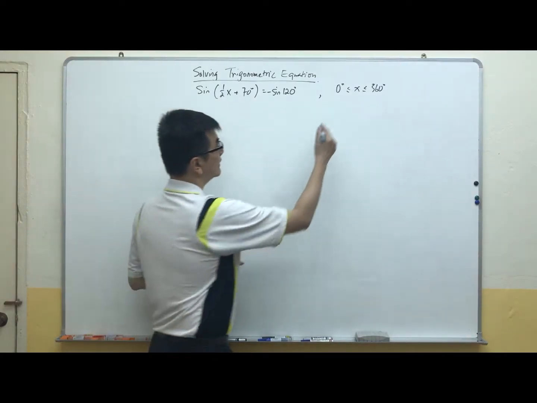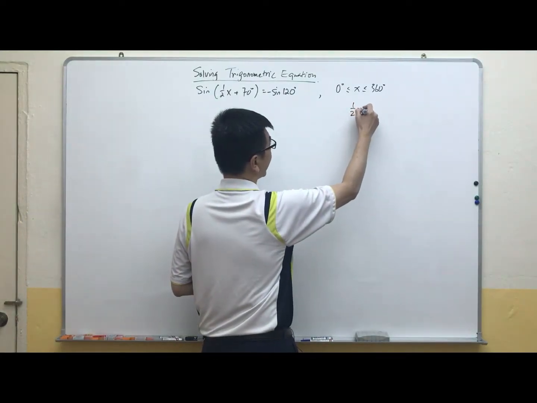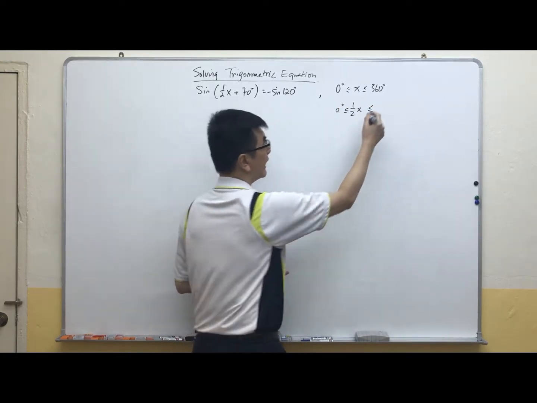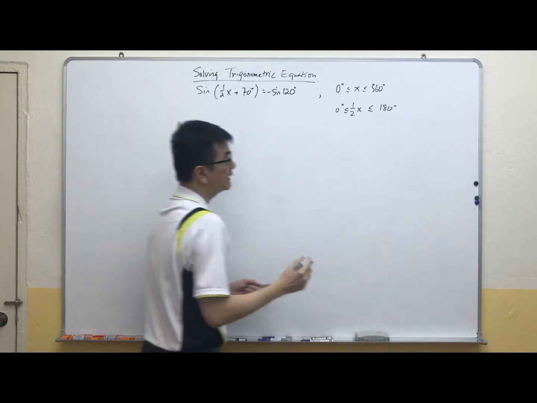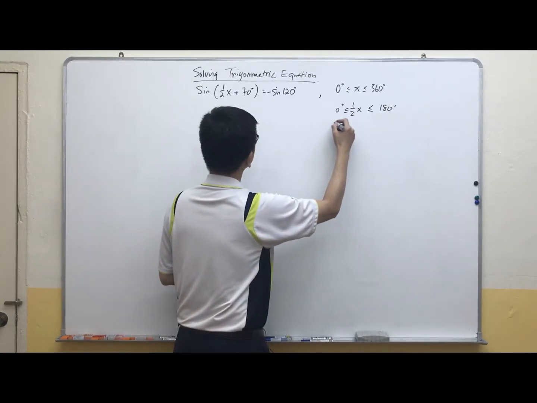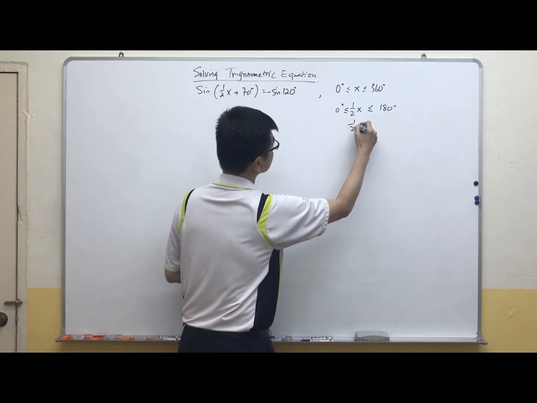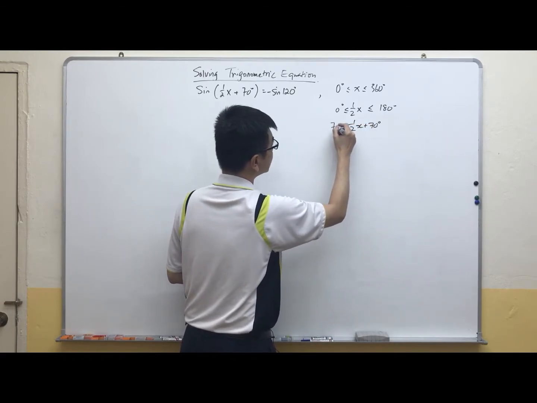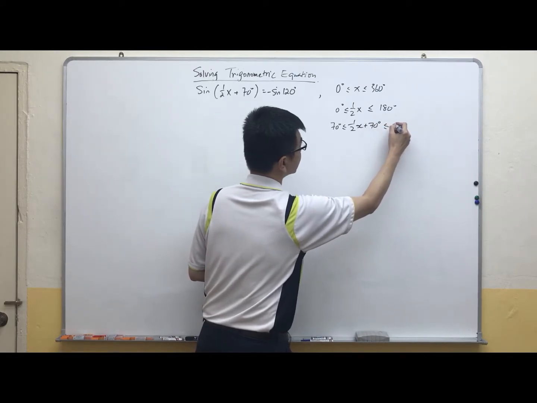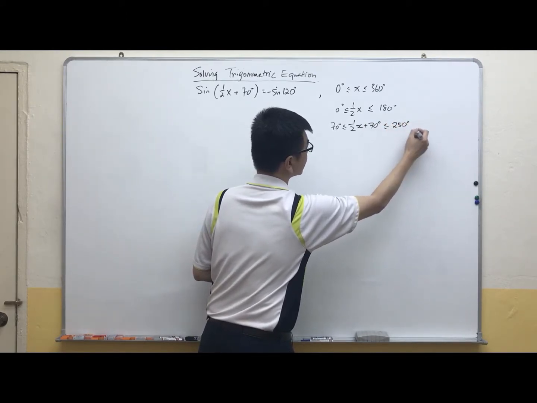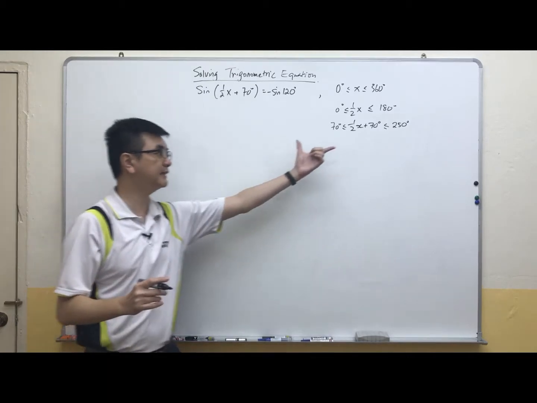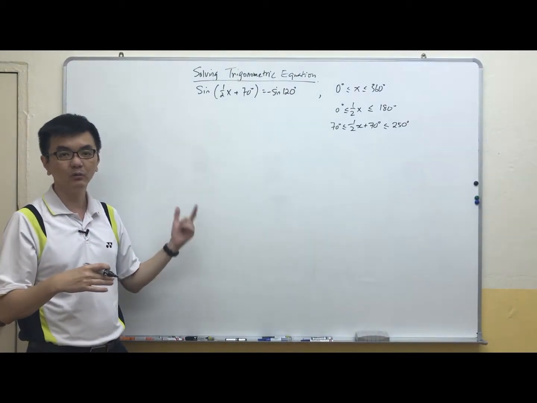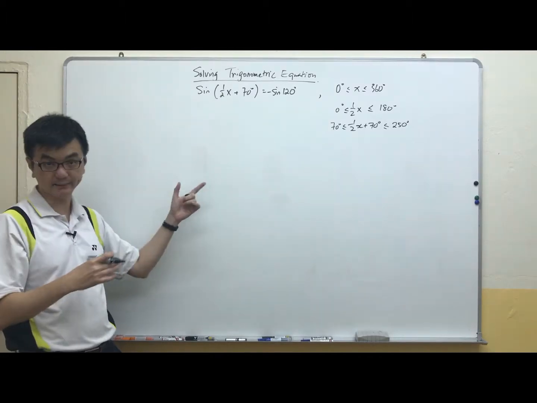So my half x will be between 0 degrees and 180 degrees, and my half x plus 70 degrees will be between 70 degrees and 250 degrees.